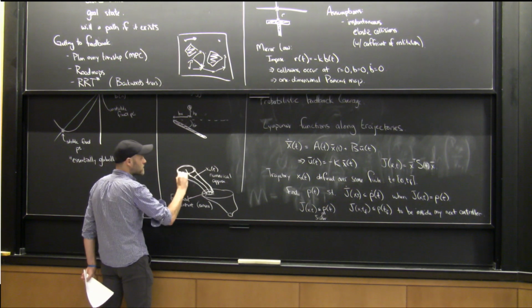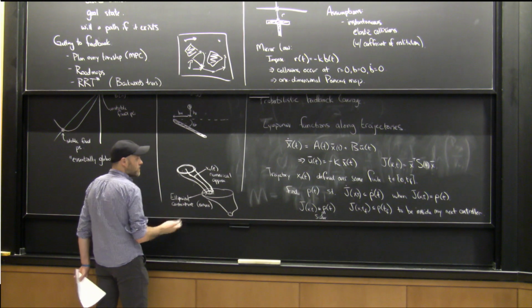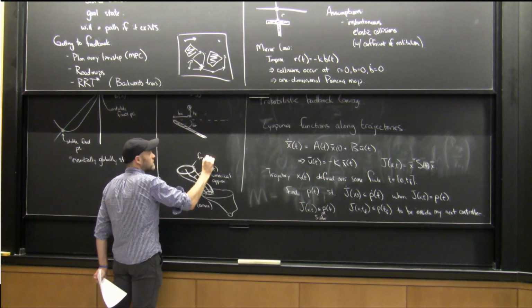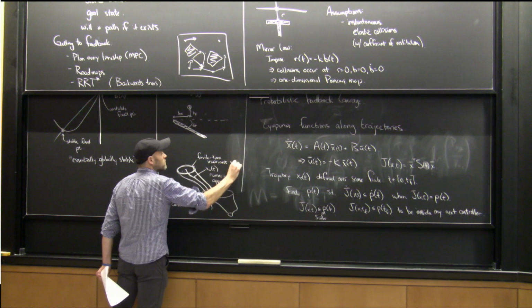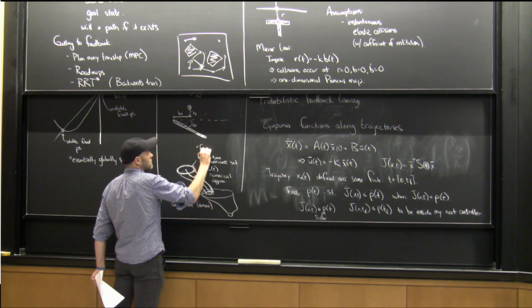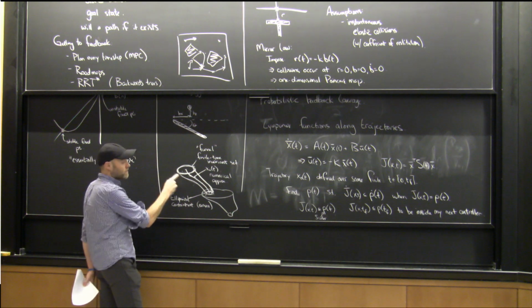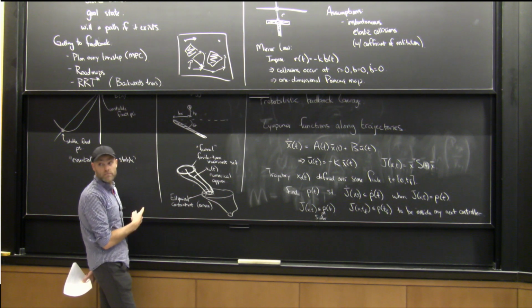All right, so that's an important difference, and it says this funnel now is a finite time invariant set. And that is the minimal requirement for composability of these funnels in the feedback motion planning case. Is that clear?